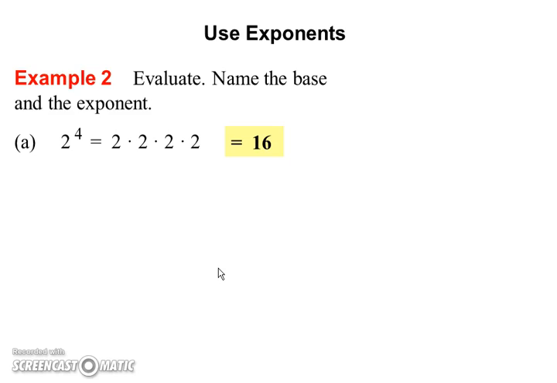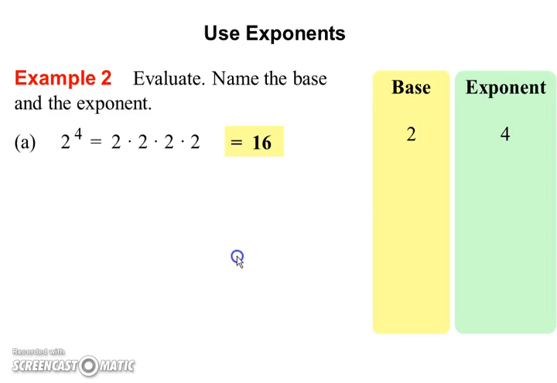What would be the exponent? It would be 4. And when we evaluate it, we could use a calculator or just multiply in our mind: 2 times 2 times 2 times 2 would be 16, which is 2 to the 4th power.